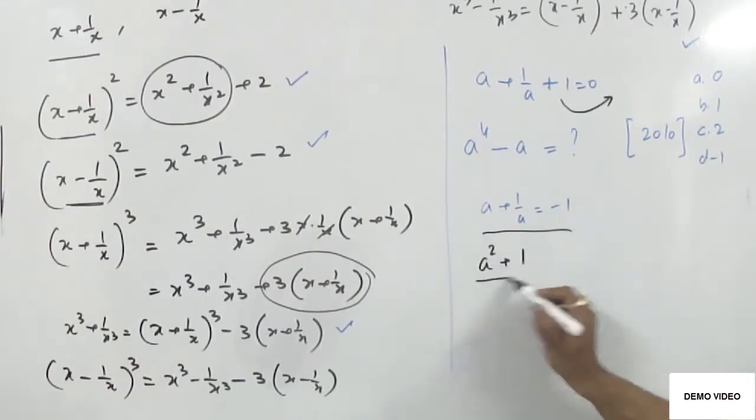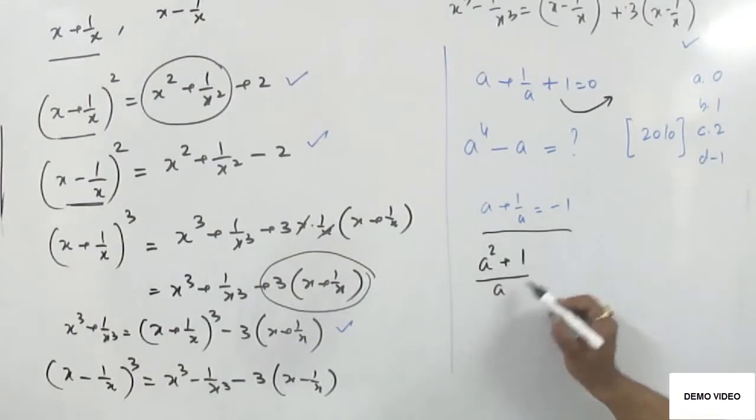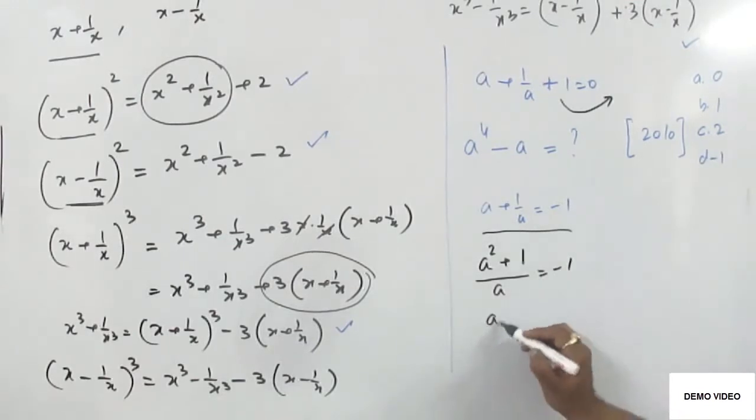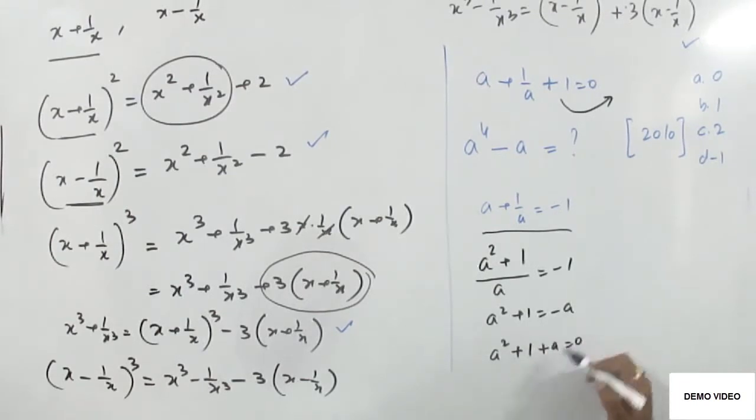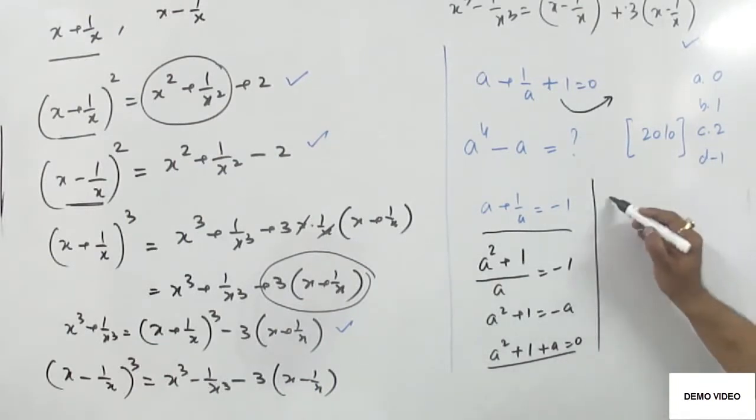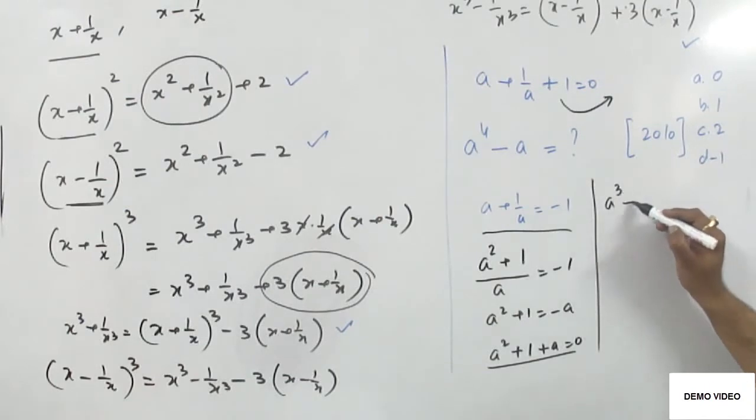Now, what is important in this case? We have to write one important thing: the formula for a cube minus b cube. We have a cube minus 1 cube. The formula for this is a minus 1 in one bracket and in another bracket, a square plus ab, that is a, plus 1.